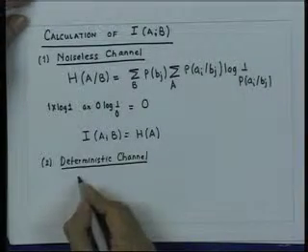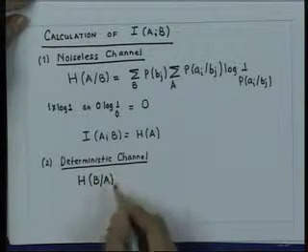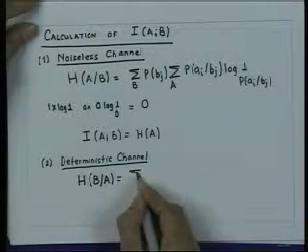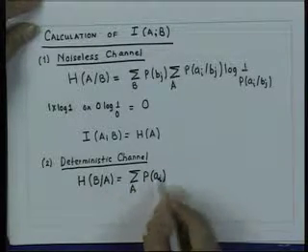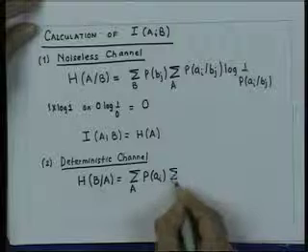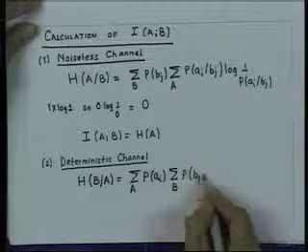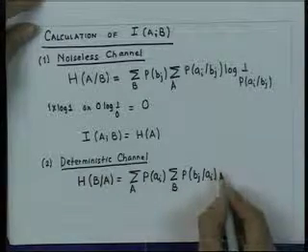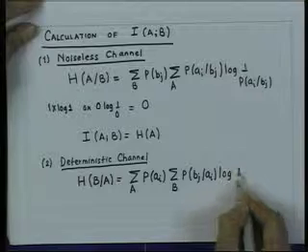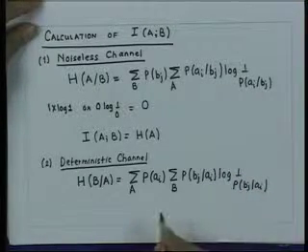Therefore, for this case H of B given A, which is of the form summation P A i, summation over B of probability of B j given A i log of probability of B j given A i.